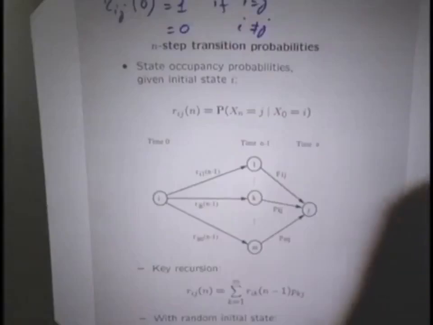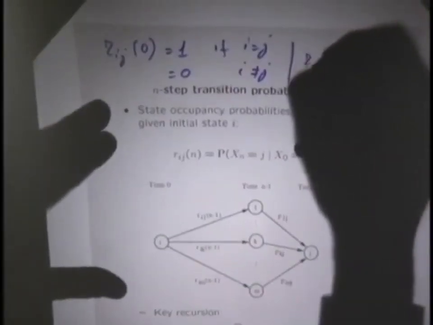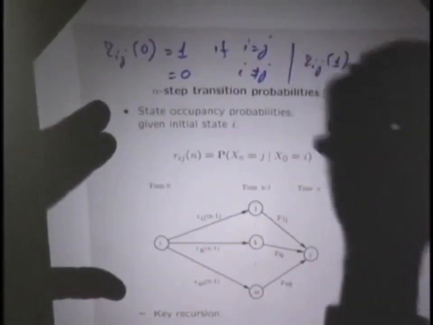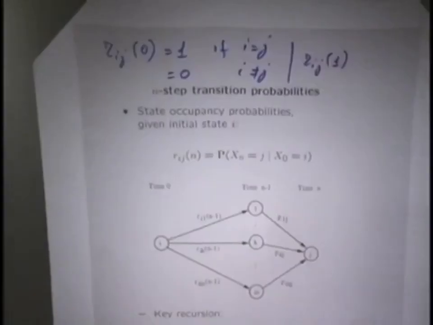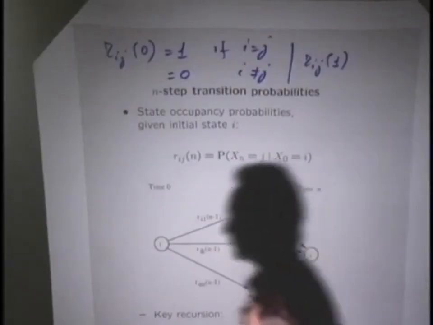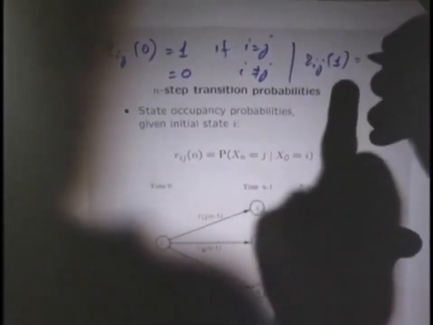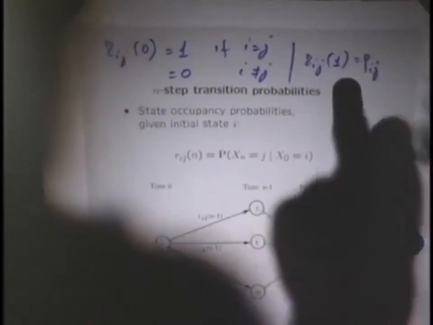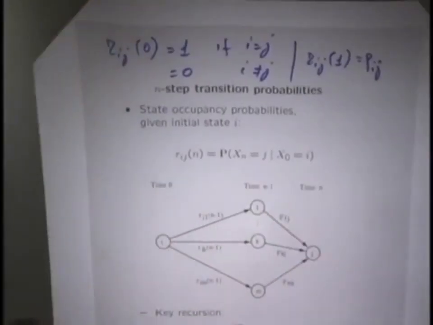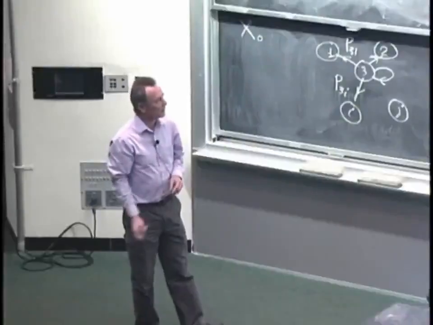If you have only one transition, what's the probability that one step later you find yourself in state j, given that you started at state i? What is this? These are just the ordinary one-step transition probabilities that were given in the description of the problem. So by definition, the one-step transition probabilities are of this form. This equality is correct just because of the way that we defined those two quantities.